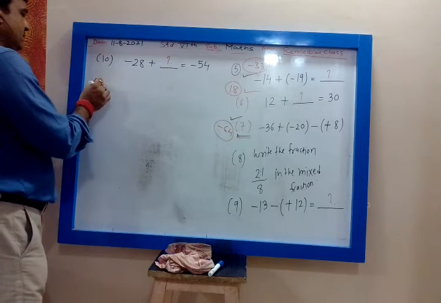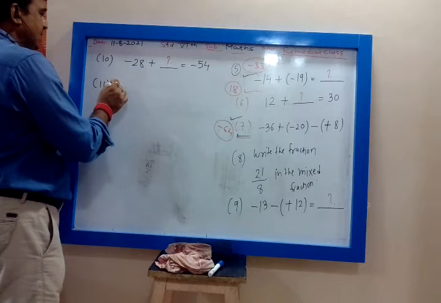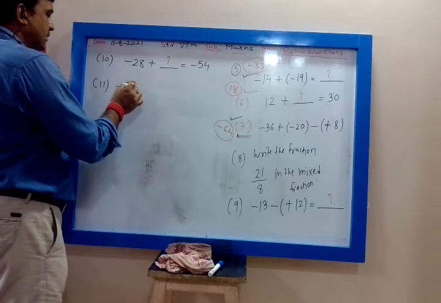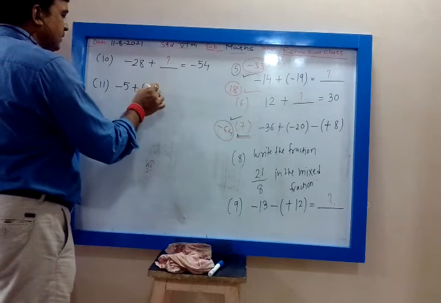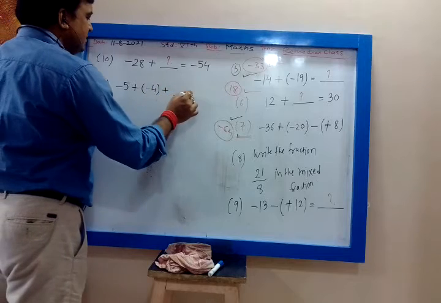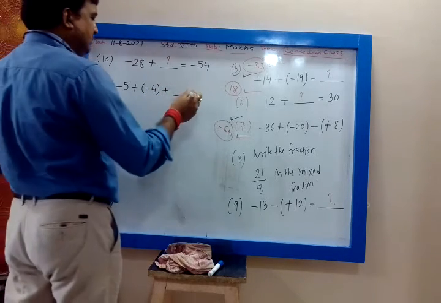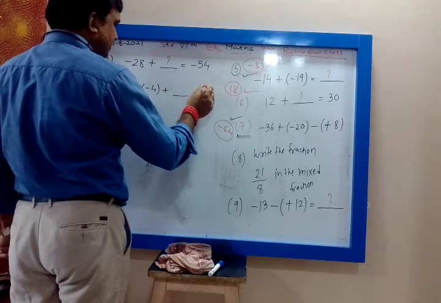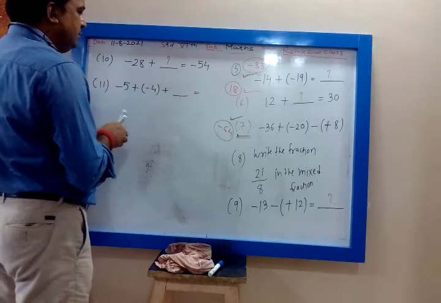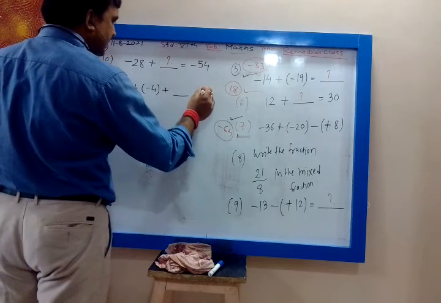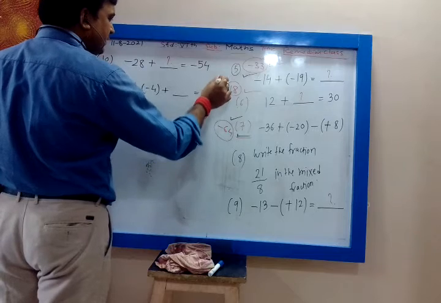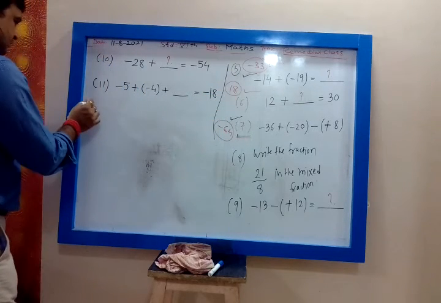Then 11th, minus 5 plus minus 4 plus dash is equal to minus 18. Then 12th.